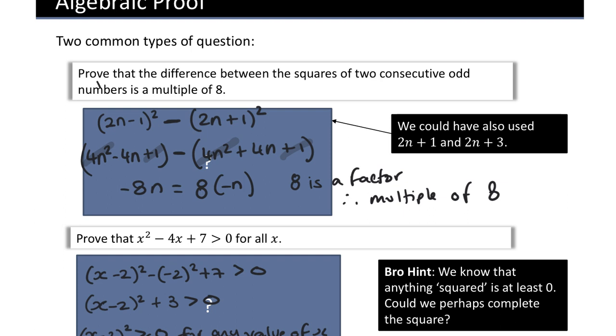This is because we have plus 3 is positive. Now for now, I just want you to think, this is all the logical explanations. We're going to look at how to write this completely exact. But for now, I want us to understand exactly what's going on. Therefore, x squared minus 4x plus 7 is greater than 0 for all x.